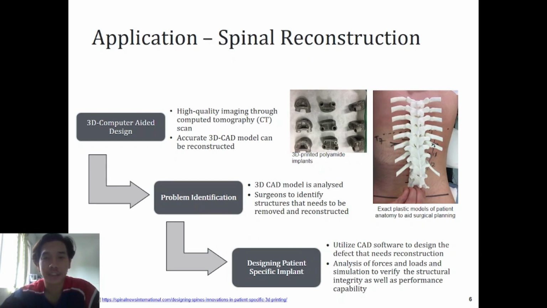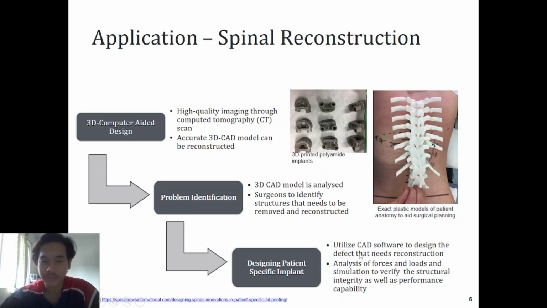is spinal reconstruction. So first step, a high quality image through a CT scan, so that we can construct an accurate 3D CAD model, and then the 3D CAD model is analyzed by the surgeon, so that he or she can identify the structures that need to be removed or reconstructed.